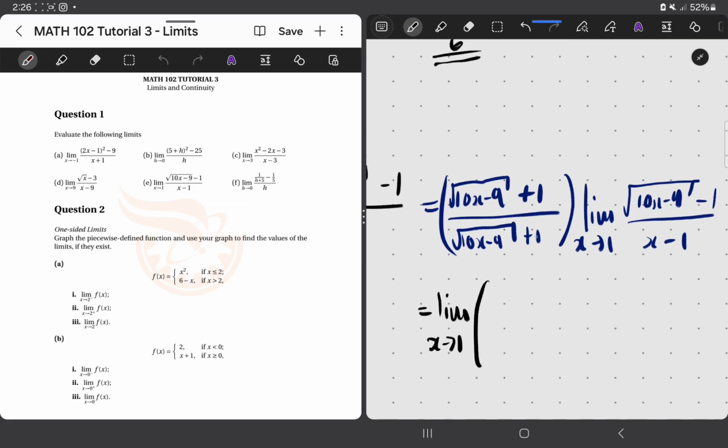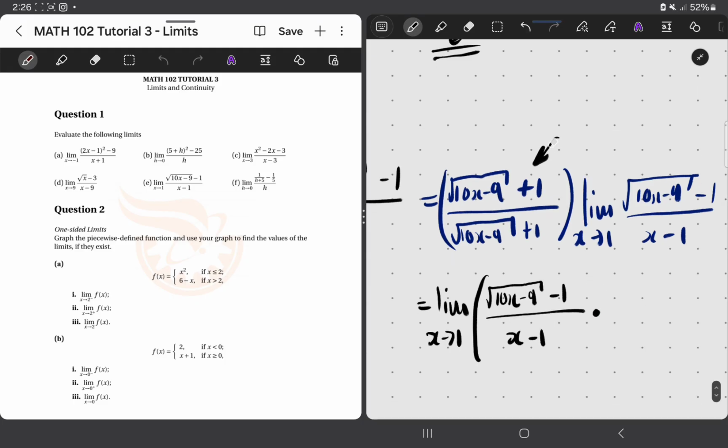This is the product rule we are using: if you multiply something by a limit, it goes inside. So here it's now the root of 10x minus 9 minus 1 over x minus 1 multiplying the thing which we came with, the root of 10x minus 9 plus 1 over the root of 10x minus 9 plus 1 again.